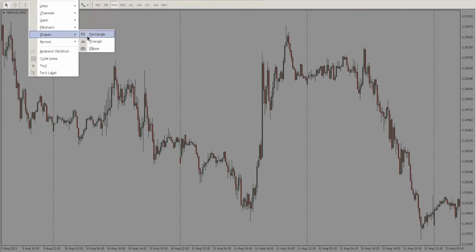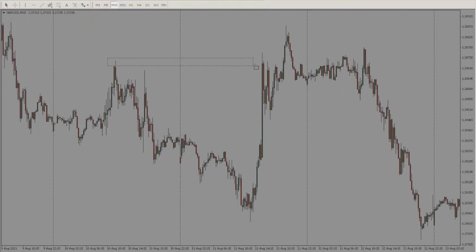So then we would be marking this as the peak high here. And then this would be the barrier zone. You see how it reaches all the way up?